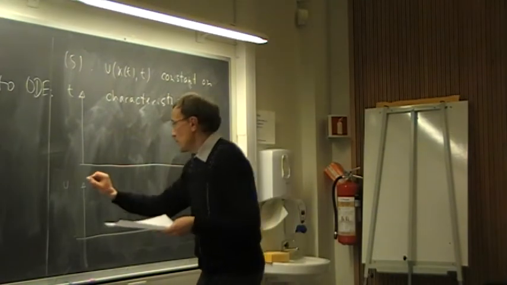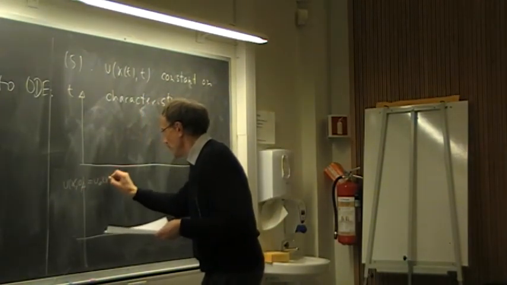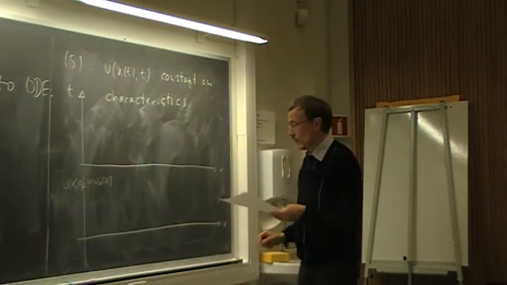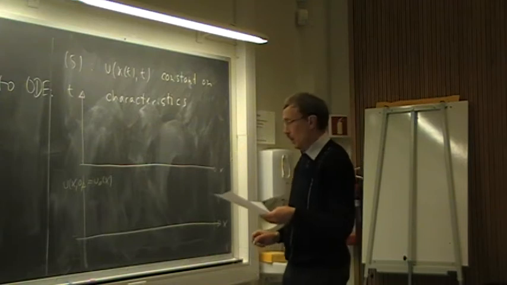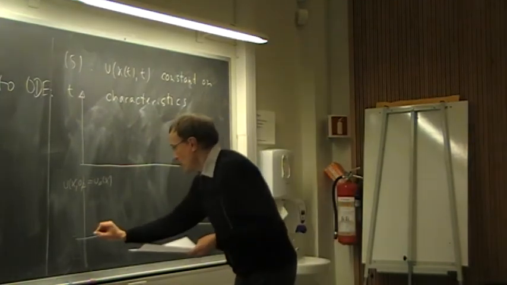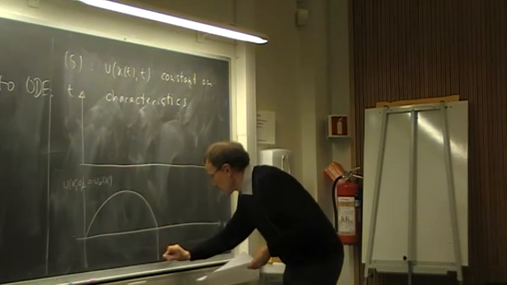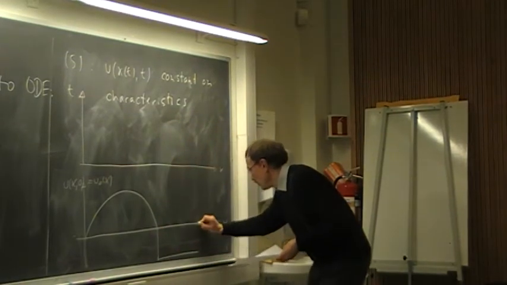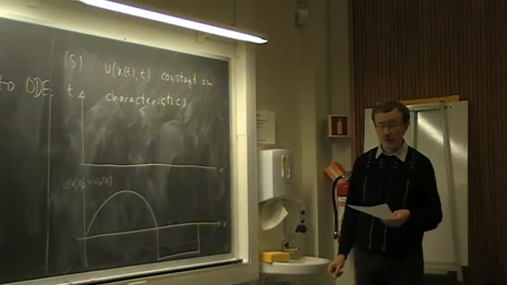So first we shall assume that we have the initial condition, which is the u0 of X. And let's assume we have something, say a half sine, some discontinuity, something like that. So that is supposed to be our u0.